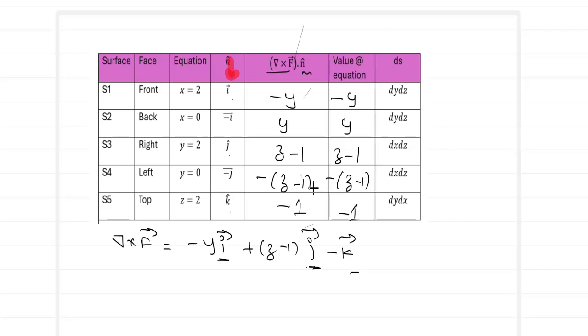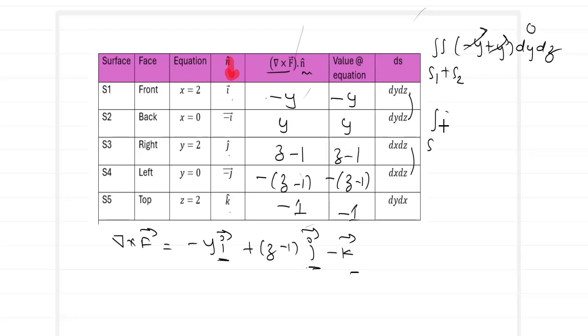Now you can go for the integration for your surface. Don't directly go for the integration step by step, but rather club the quantities, because what is common over here? dy dz. When I club my S1 and S2 together, I will have minus y plus y of dy dz, so this will cancel off with one another, leaving you with value 0.